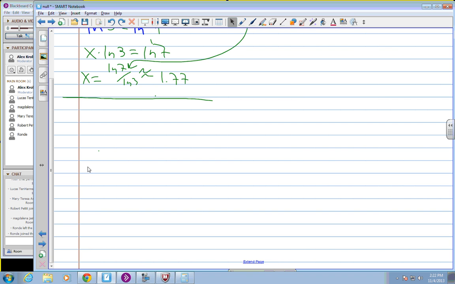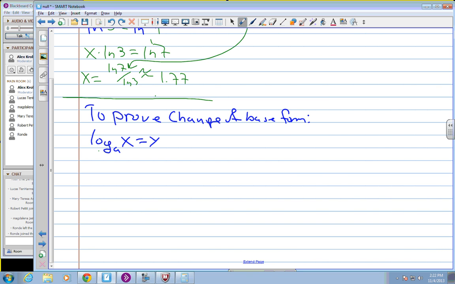So yeah, just to prove change of base formula, again, you don't have to write this down, you just help me. So if I have log base a of x equals y. Okay, so I want to derive change of base formula for that.